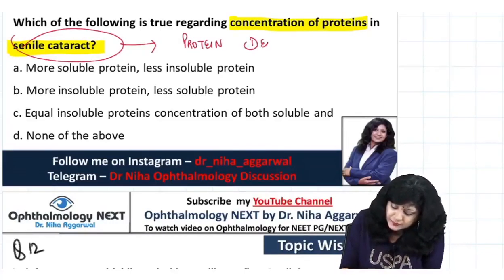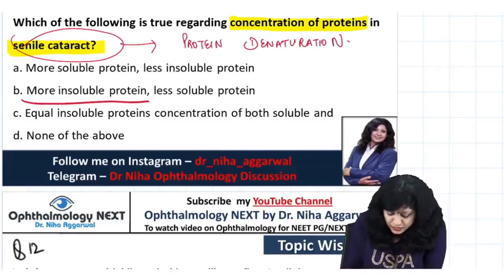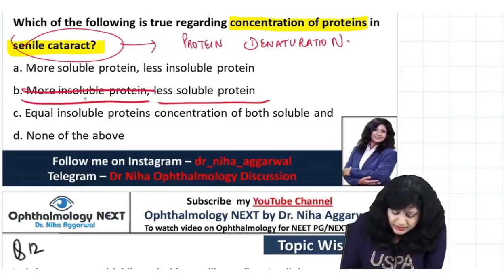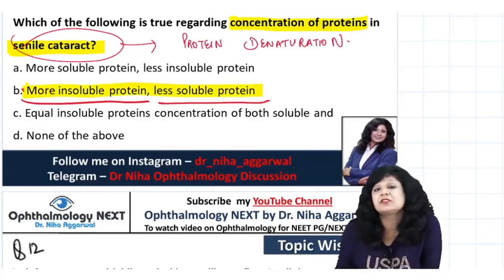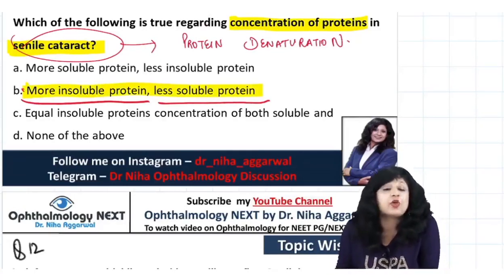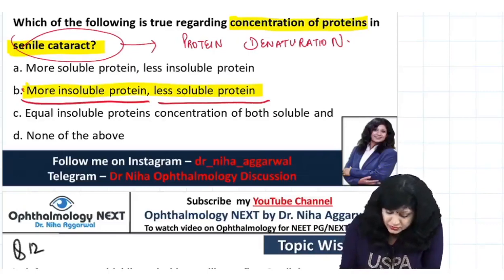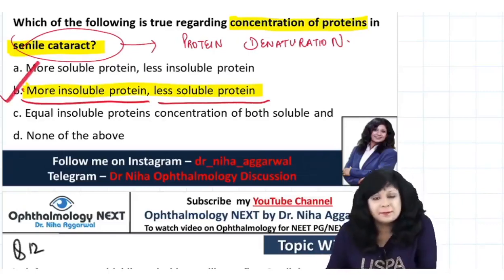Denaturation will occur when I have more insoluble and less soluble protein. So the answer is more insoluble proteins and less soluble, because if I have more soluble proteins, this will not give me coagulation, this will not give me opacification. So the answer to this question will be B.